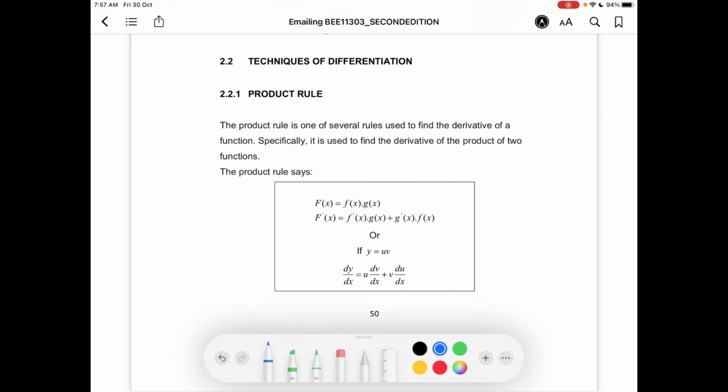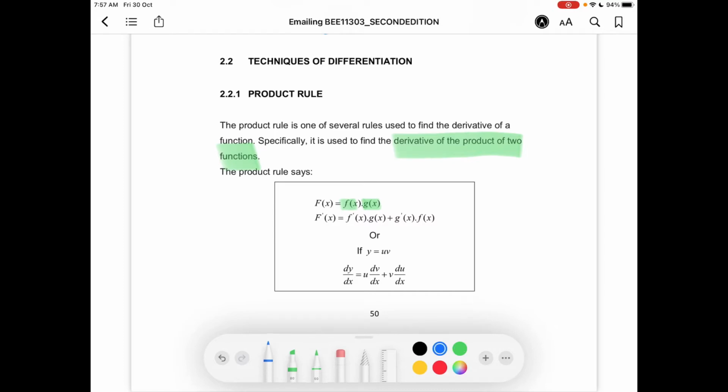Basically, we apply the product rule to find the derivative of the product of two functions. If the first function is f(x) and the second function is g(x), so f(x) times g(x), we can apply the product rule for this kind of function.